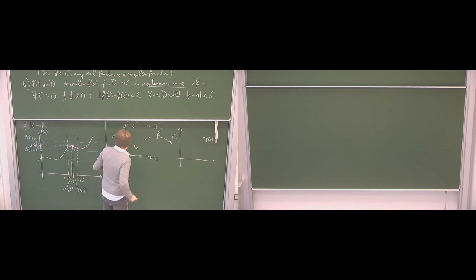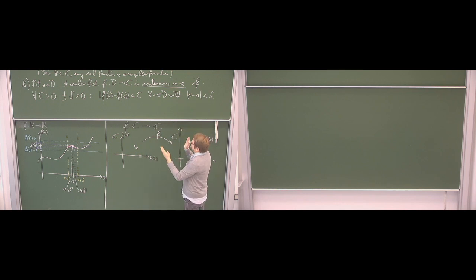Now the set of points whose difference to f of a is smaller than epsilon is not an interval as in the left-hand example, but a circle. This is not a circle, I'm sorry about that. I'm terrible at drawing a circle freehand. Okay, so this is a very bad circle, sorry about that.